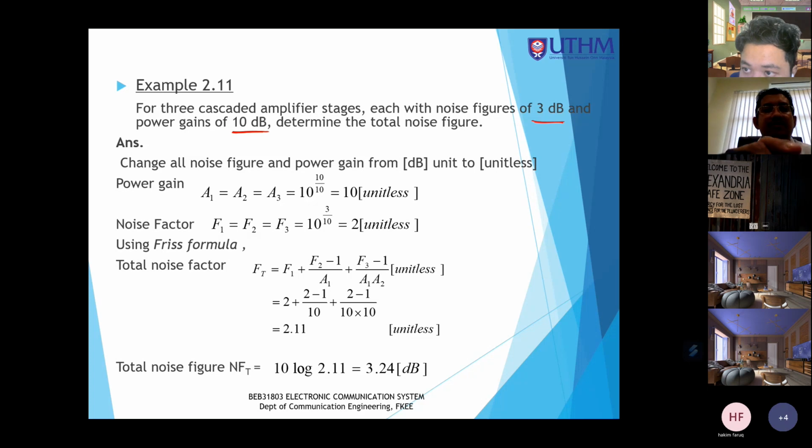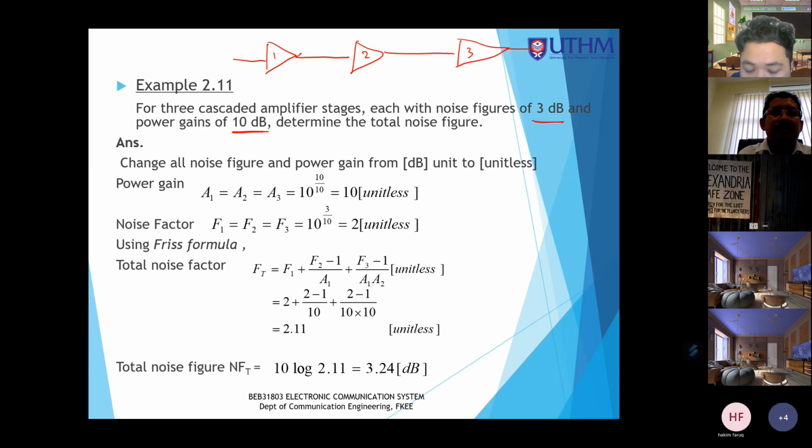So dalam kes ini saya cadang you lukis. So you see that the first amplifier and then the second amplifier, and then the third amplifier. Okay. So say that the noise figure, so it has the power gain. So that means the gain A1 is equal to 10 dB.